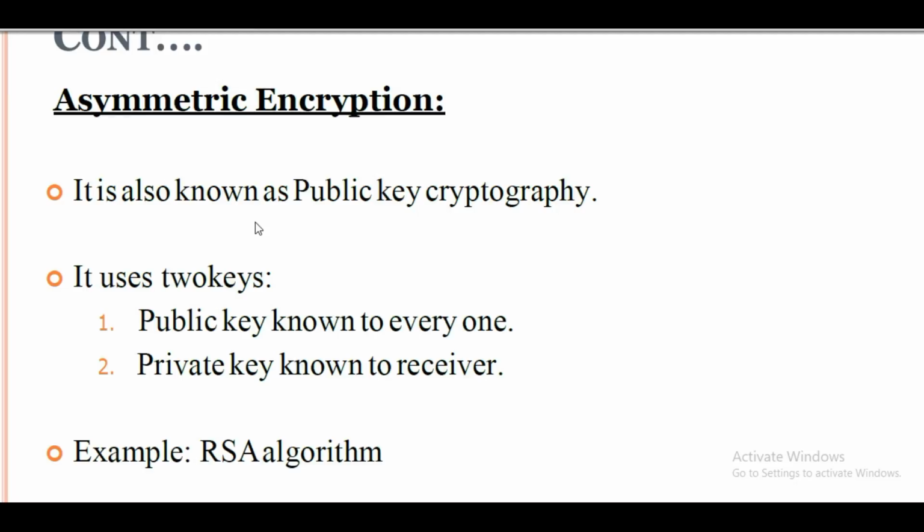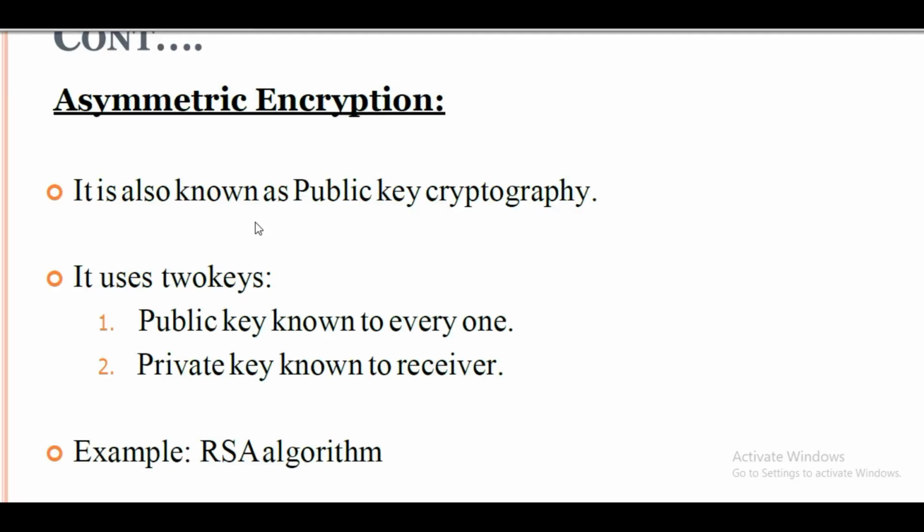In symmetric we have one particular key, the secret key, which is the same for sender and receiver. But in asymmetric encryption, which is also known as public key cryptography, we have two keys. The first one is a public key, the second one is a private key, right?